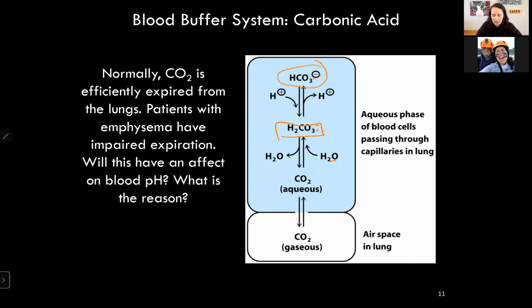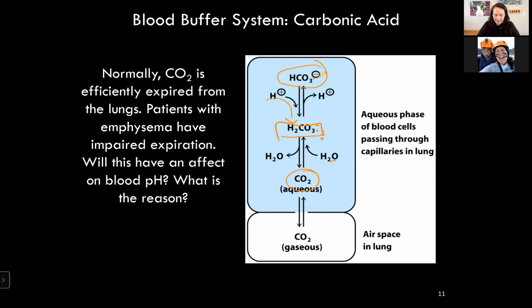Once the blood travels to the lungs, the partial pressure of carbon dioxide in your lungs is less than that in the blood, so it's going to easily diffuse across all the membranes. First it's got to go backwards through this and form carbon dioxide, but then it will readily diffuse into your lung space because the concentration of carbon dioxide in your lungs is less.